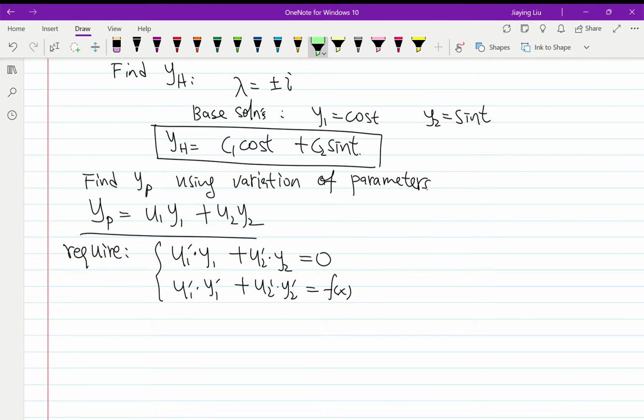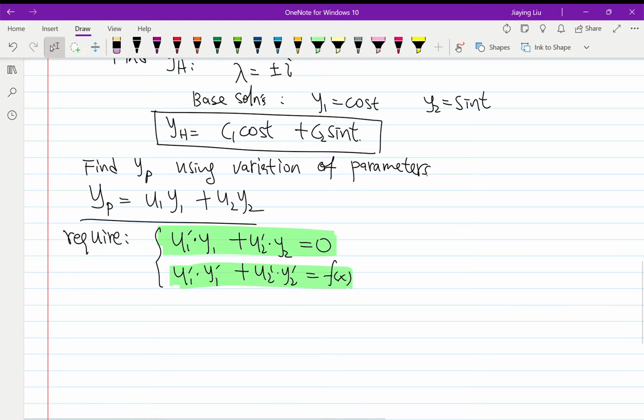So if you use the system of equations, make sure you get those two equations correct to begin with, because they will allow us to find u1 prime and u2 prime.